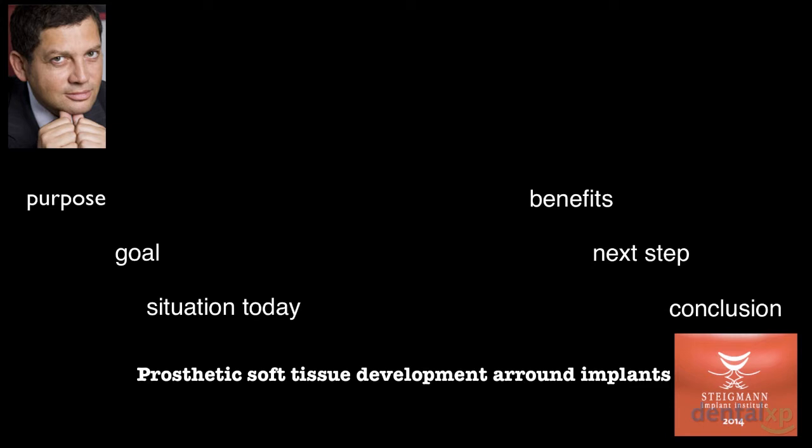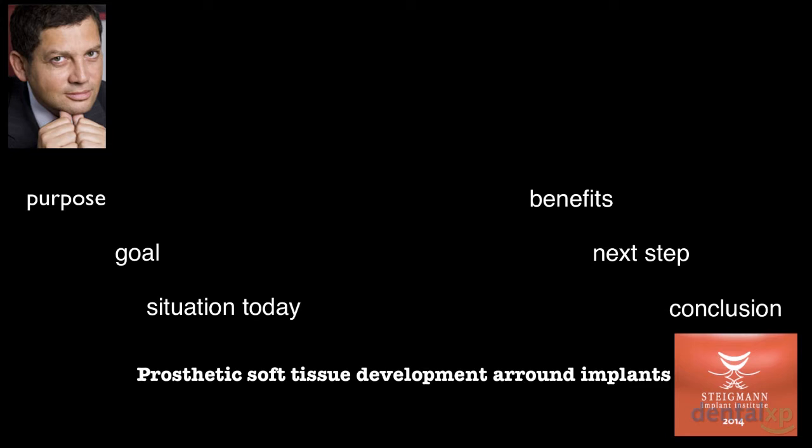The goal is to give a structured approach to the soft tissue development from a surgical and a prosthetic point of view. The situation today is that we have a lot of technology, but this technology has to be applicable in the right way.